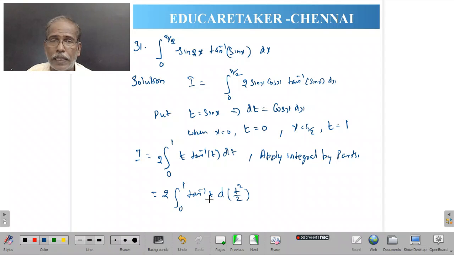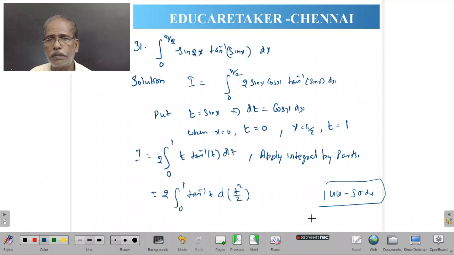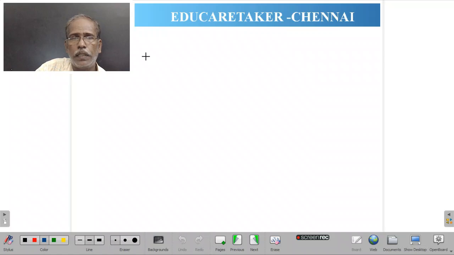Here u equal to tan inverse of t and v equal to t square by 2. We are going to apply integral by parts: uv minus integral v du. This is integral of u dv, uv minus v du. Here u is tan inverse of t and v is t square by 2.